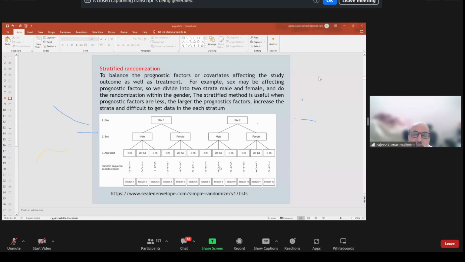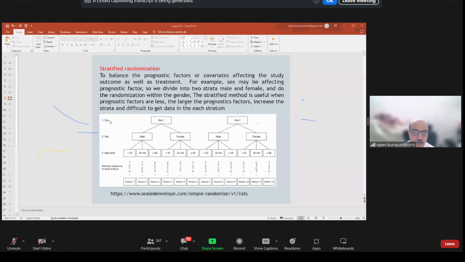So we can do stratified randomization to avoid this. Generally we use it in oncology. For example, sex may be an affecting prognostic factor, so we divide into two strata, male and female, and then we do simple randomization or block randomization within the strata.